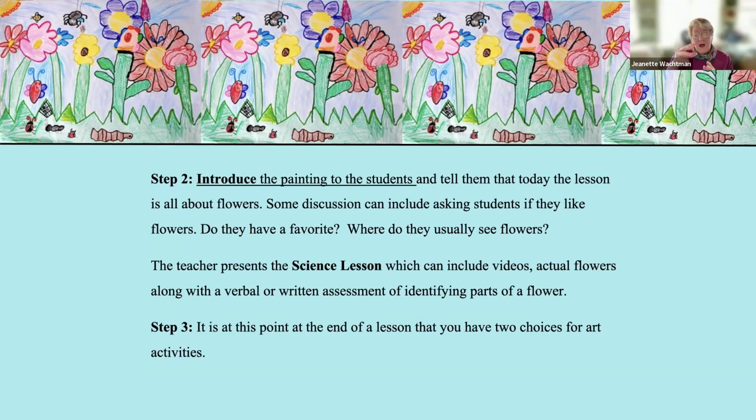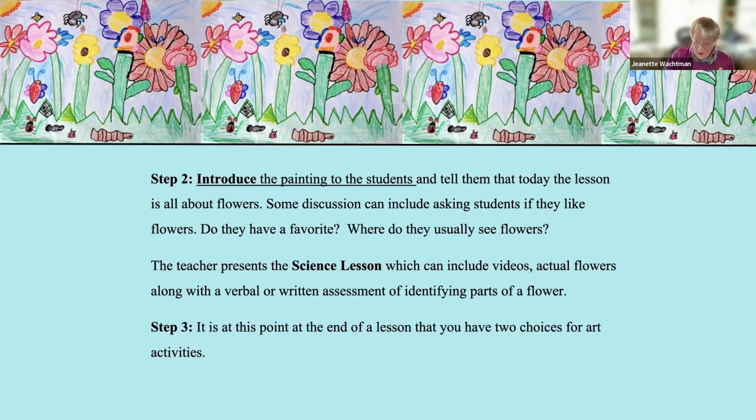Now, I need to make it real clear that when you have an assessment and the student is using some art materials and they are identifying and they're fulfilling the objective of the lesson, it's called an art task. It is not an authentic art project, okay?